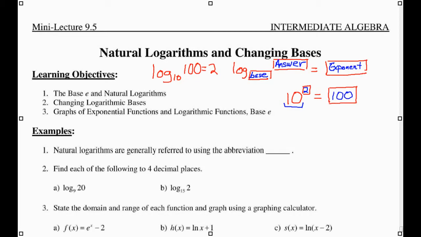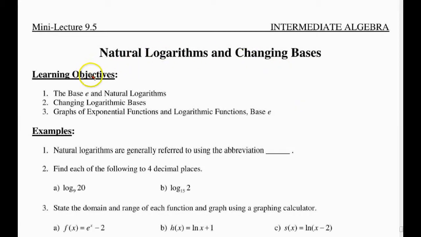Okay. Now, as we go into our learning objectives, keep in mind there is a natural logarithm, and there's also a common logarithm.